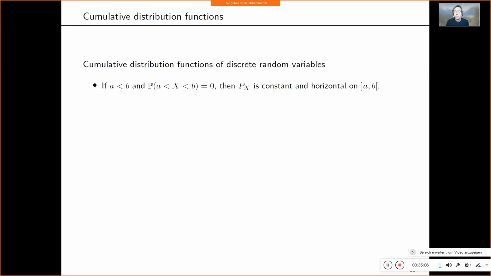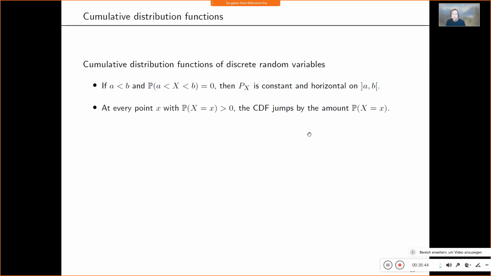So if we consider discrete random variables and we assume that the probability for x to take on values between any two real numbers is 0, then the cumulative distribution function is constant and horizontal in this open interval, because nothing happens.